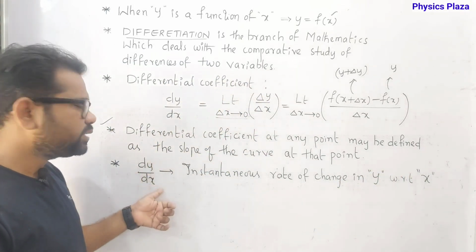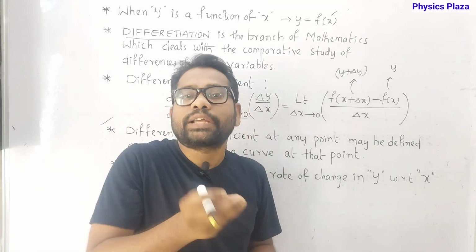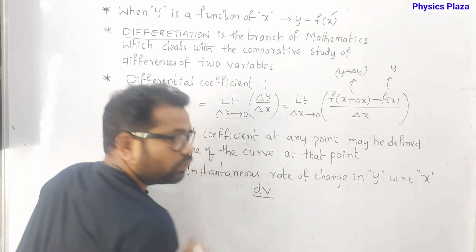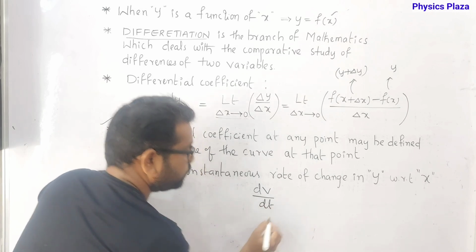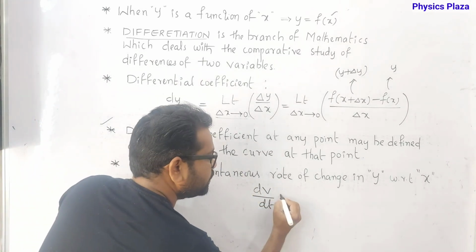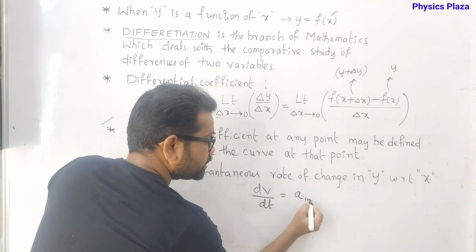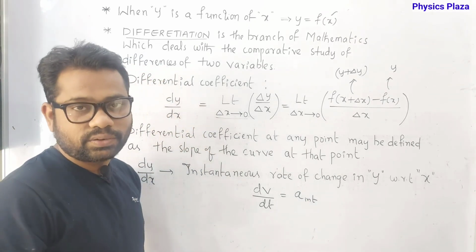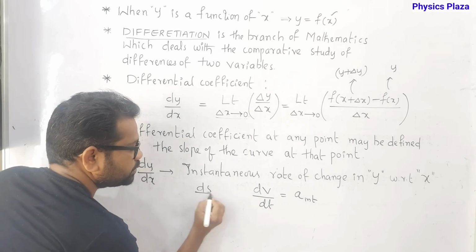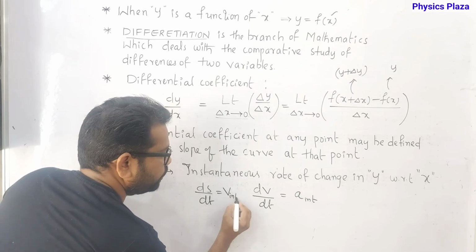Here the variables y and x can be in any other form also. For example, for a velocity time graph, the rate of change of velocity with respect to time is what we call the instantaneous acceleration. Whereas in a displacement time graph, the rate of change of displacement with respect to time is the instantaneous velocity.